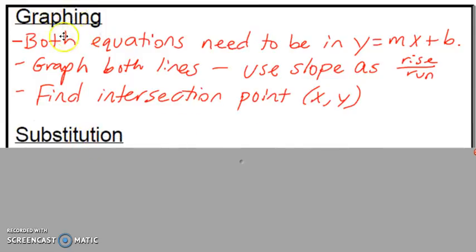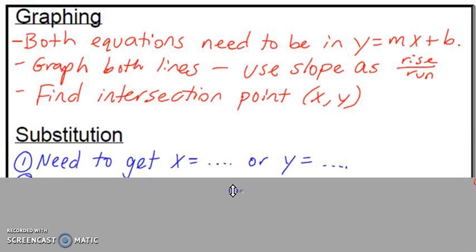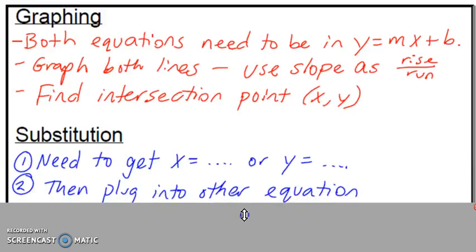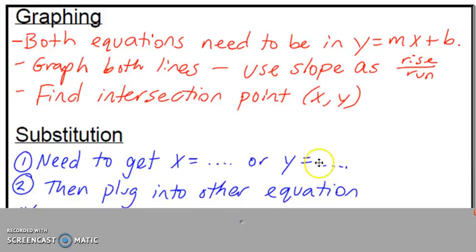We did graphing in section 6.1, and then in section 6.2, we learned substitution. In order to solve a system by substitution, you need to get either x or y alone. So you want one of your equations to be in x equals form or y equals form. Then you'll plug what you have there, or substitute it, into the other equation.